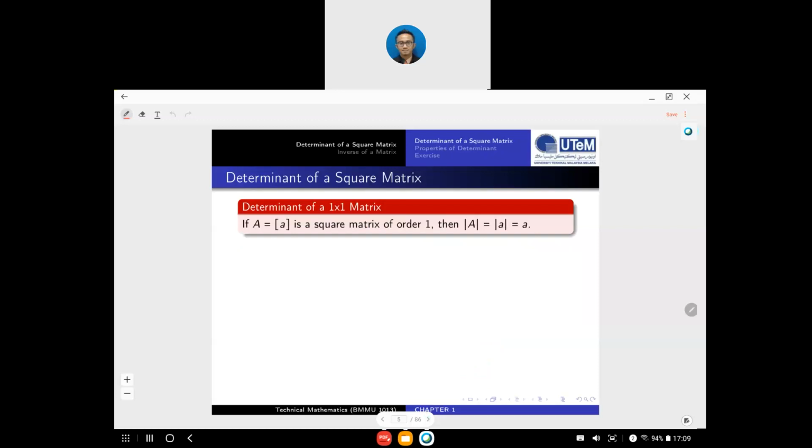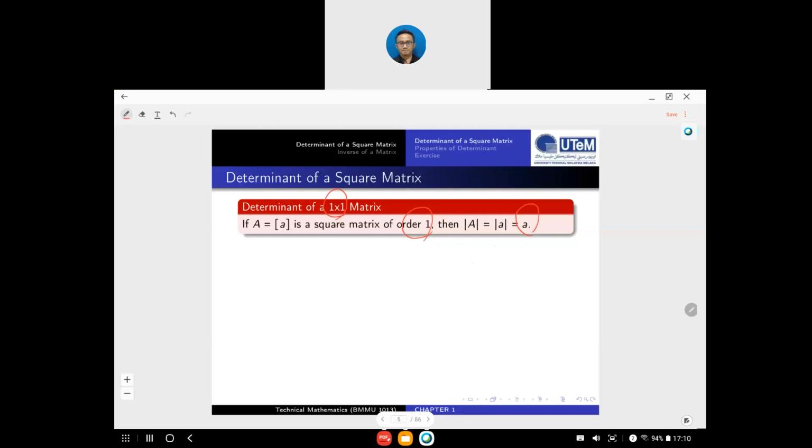So if matrix A is a square matrix of order 1, what does order 1 mean? It means only one element. For the determinant of an order 1 matrix, you get A, meaning you just get the element inside, because it is order 1.